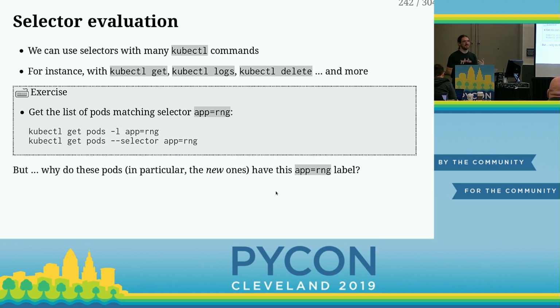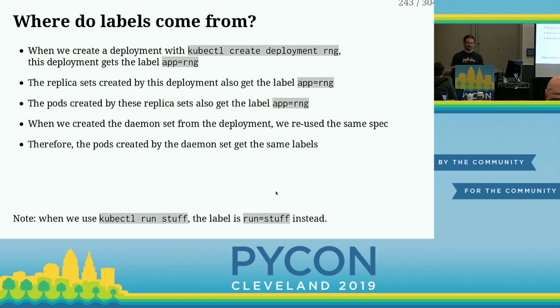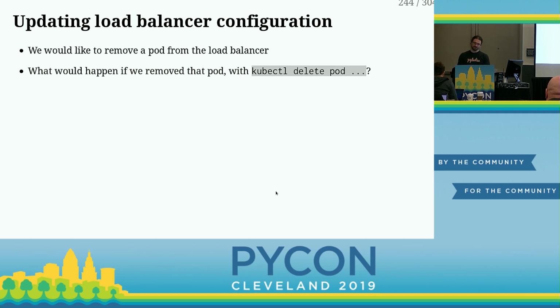Because of the labels, and because the service is defined as send traffic to all the pods that have this specific label. So this means that we can use labels to configure load balancing.